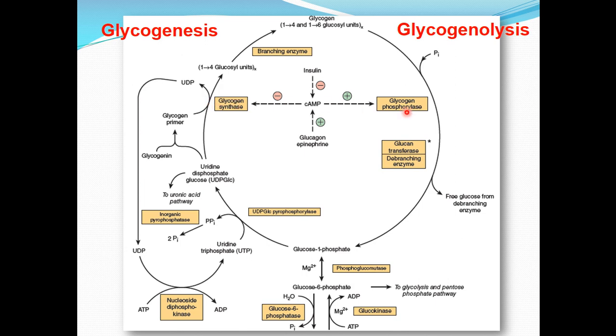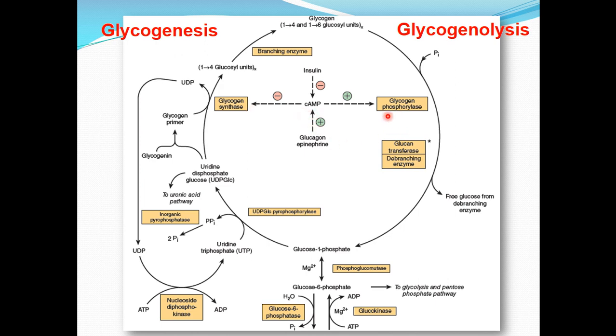Both these enzymes occur in two forms, A and B. The active form of both enzymes is the A form, which in the case of glycogen phosphorylase is the phosphorylated form, and in the case of glycogen synthase is the non-phosphorylated form.